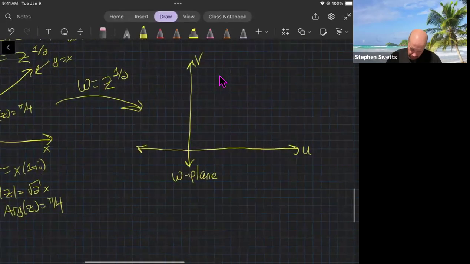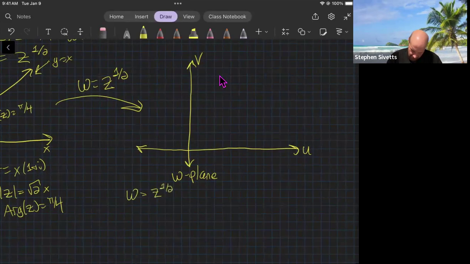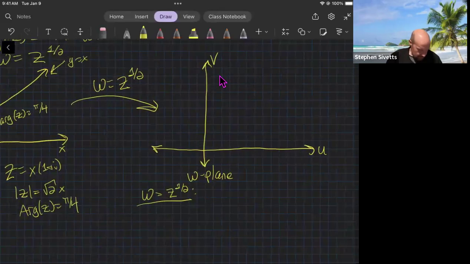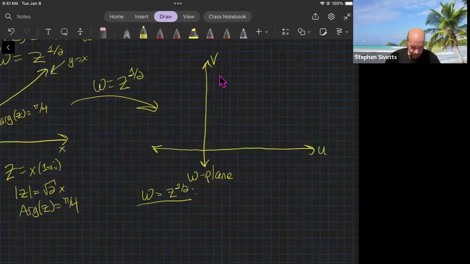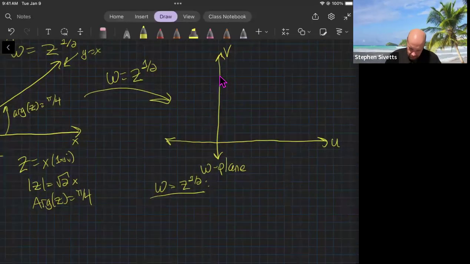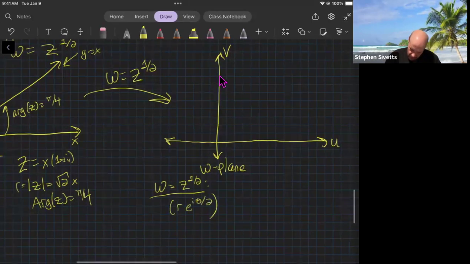So W equals z to the 1/2. This will be R e to the I theta over 2.